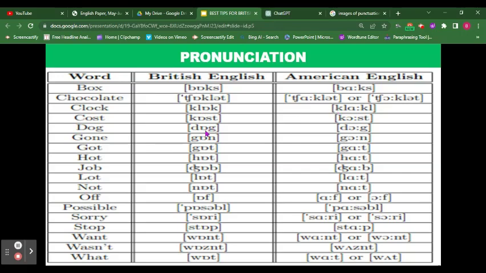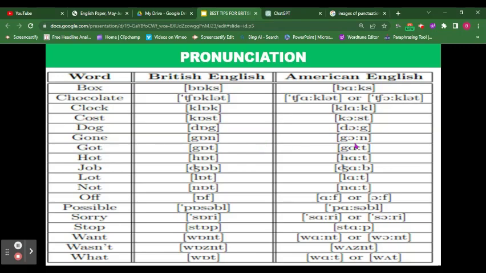Clock, American. Cost, British. Cost, American. So the difference here is that in British English, it is a short O, as in cost. In American, it is a long O, as in cost. Then in British English, it is dog. In American, it is dog.